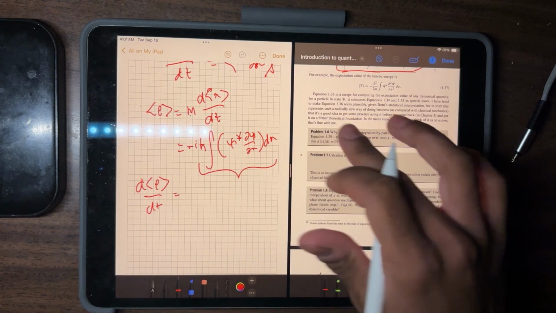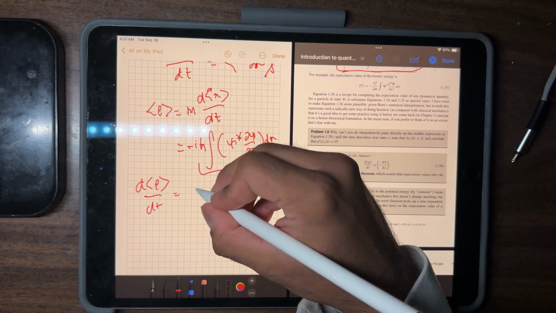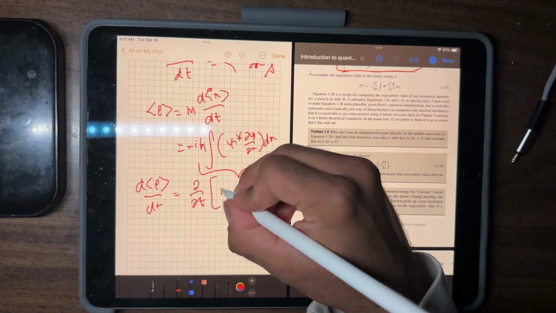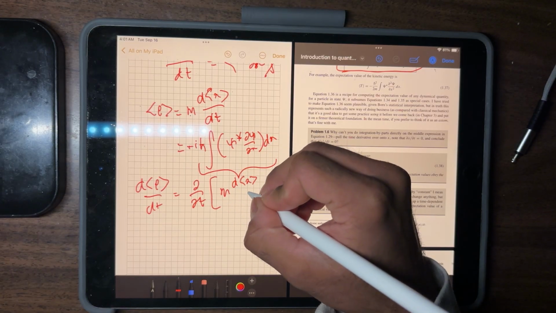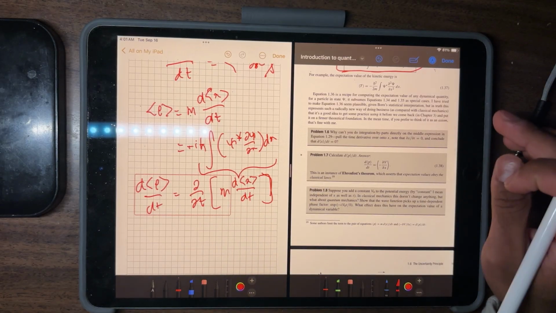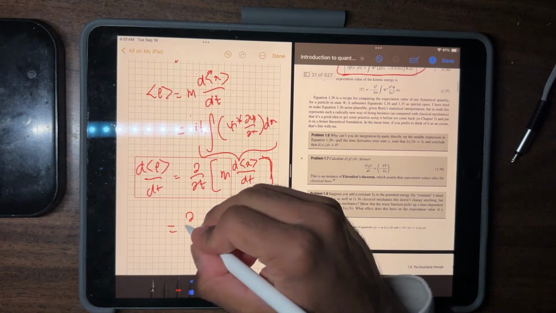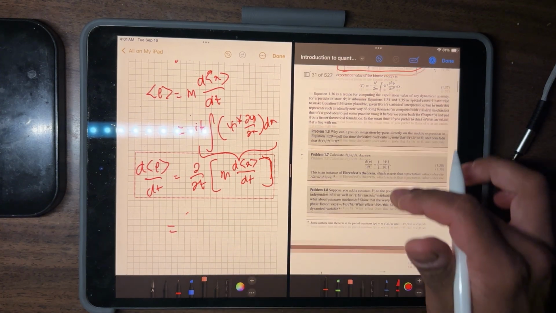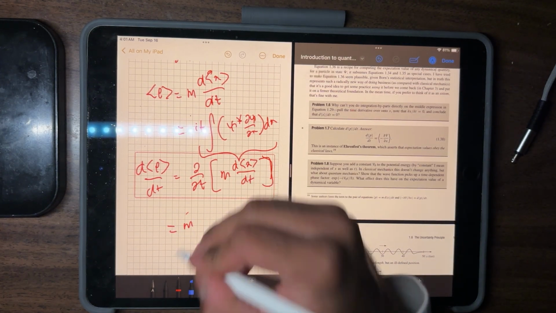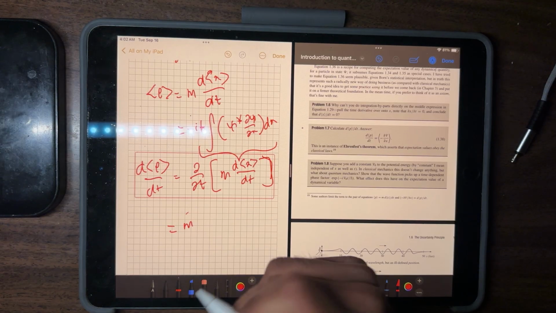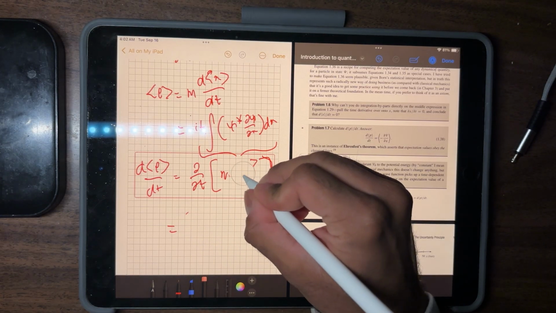Thing is, what I want to do is, if I write curl by curl t of m d expectation value of x by dt, because m cancels out, so I'm having curl by curl t of m. Actually no, m goes first. If I have m, it should be del v.